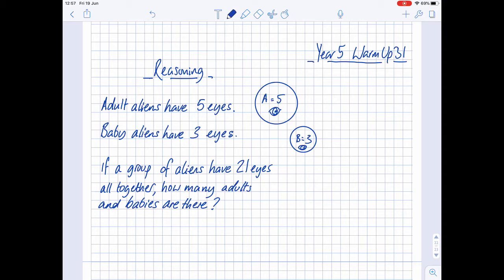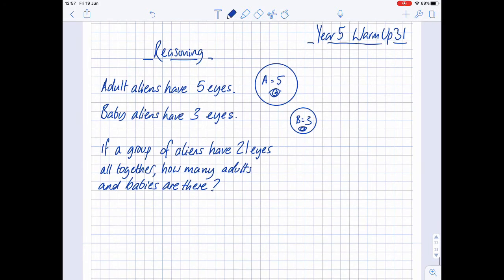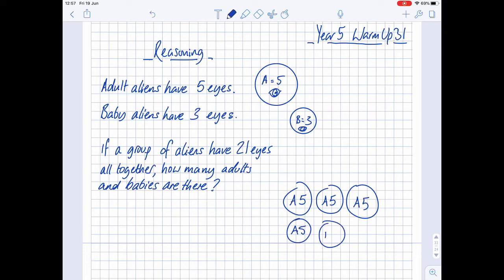From the picture I've just drawn, I've got one adult and 1 baby, haven't I? How many eyes is that? It's 8, isn't it? So I know that's not the right answer. Now, you might just pick up your pencil and draw babies and adults. If I say that adults are 5, that's an adult 5, another adult 5, another adult 5, and a baby 3.